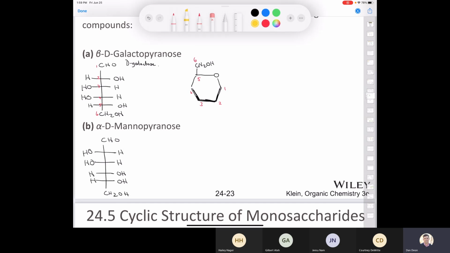Okay? What I have here, this is constant. That will never change for any pyranose that you want to draw a Haworth projection of. It's always going to look like this. Now remember, the anomeric carbon, carbon 1, in the Haworth projection, is going to be a stereocenter, but it's not a stereocenter in the open chain form. And so the reaction that's going to occur to make the hemiacetal, the nucleophilic attack by the hydroxyl on carbon 5, is going to attack that carbonyl, okay? And then we're going to make a chiral center.